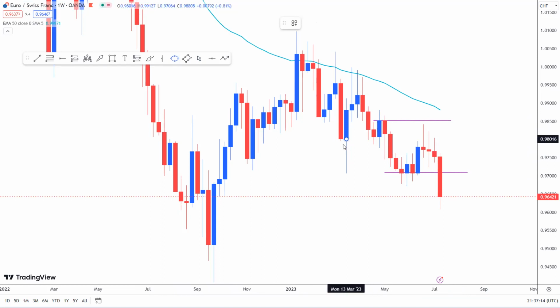looking very clearly at this. We have ourselves a bounce off from this level.